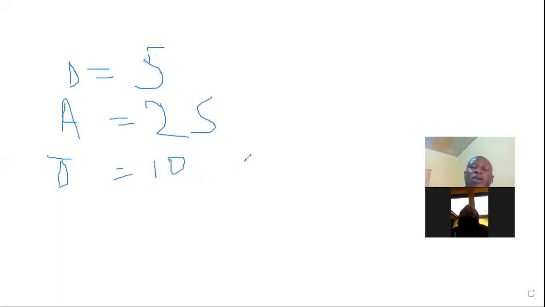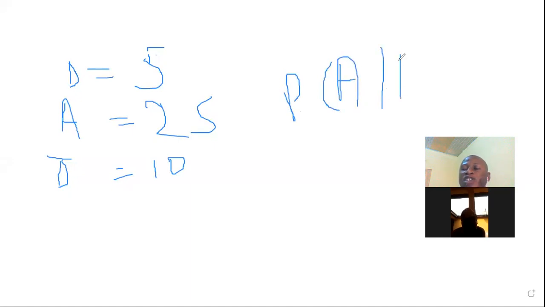Now we want to find the probability of a transistor being acceptable, given that it is not defective. Is that not what we want to find? Yes, sir. And you know how this is expressed.